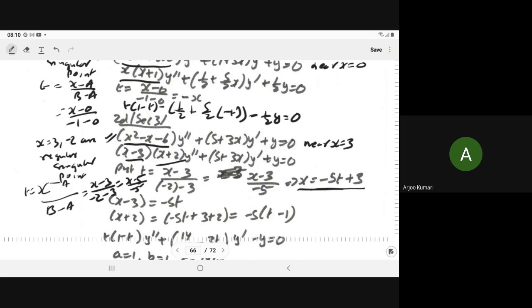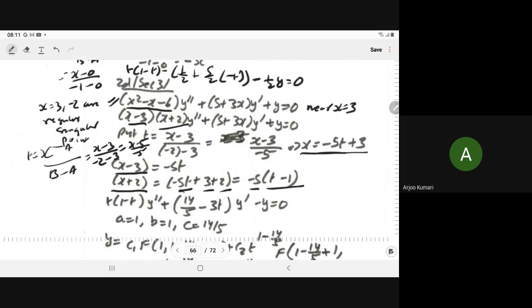From here x minus 3 will become minus 5t, and for x plus 2, in place of x you just put minus 5t plus 3. So minus 5t plus 3 plus 2, and you will get minus 5 into t minus 1.